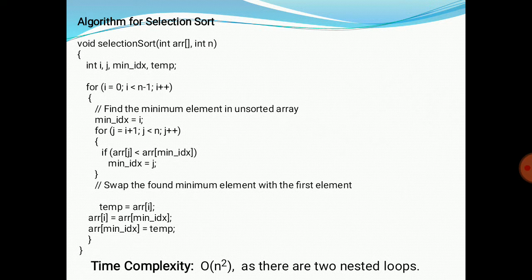And after the completion of this first pass, so we can say the completion of the inner loop, the first position of the array element is swapped with the array element with the minimum value which is present at the minimum index.